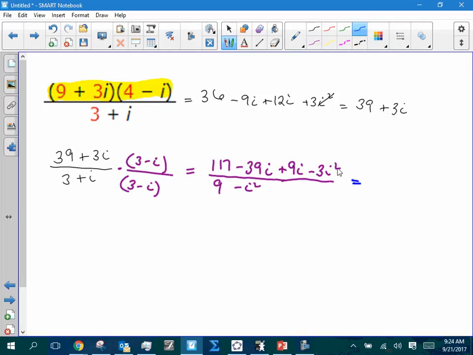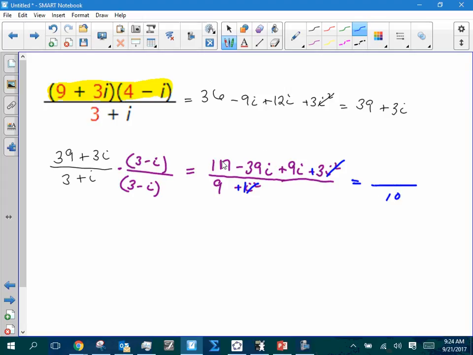Start combining like terms. i squareds become negative 1s. The only thing here, remember, it's 9 minus a negative 1 i squared. So when I change that i squared, it's going to become positive 1 there, right? I do get a lot of people just cancelling it out and leaving a 9. It does end up turning into a 1. So 10 on the bottom.